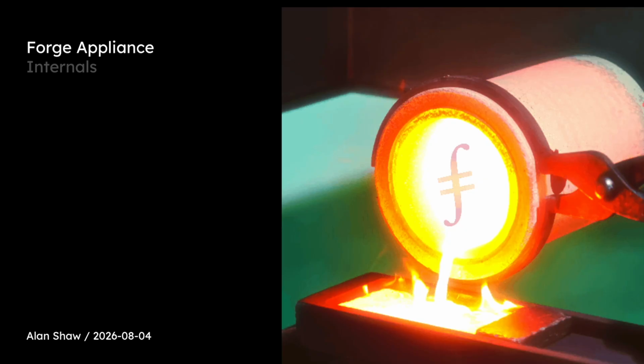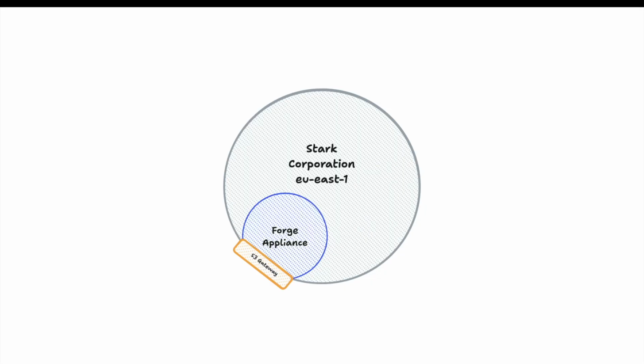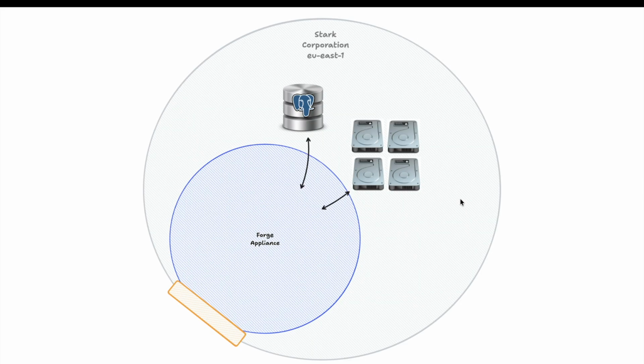Let us talk about what's inside that appliance. In this bit, we're going to look specifically at the Stark Corporation and the appliance that they are running, which exposes an S3 gateway. So let's double click on that. Now, like I said before, we've lowered the barrier to becoming a regional provider by removing that tenant management aspect.